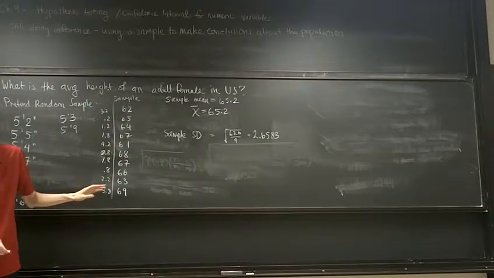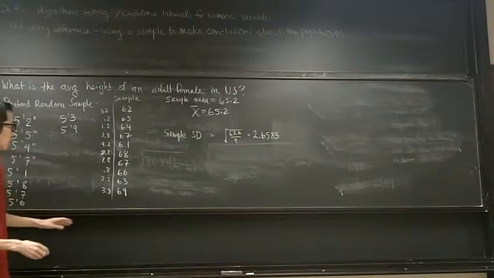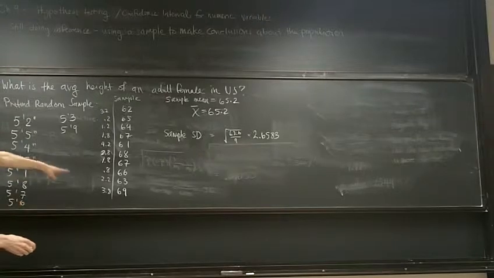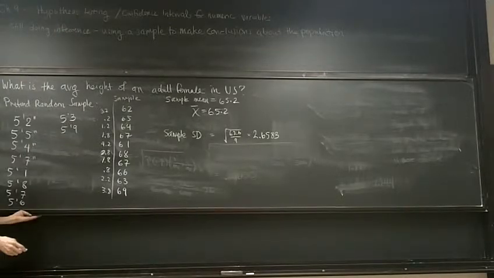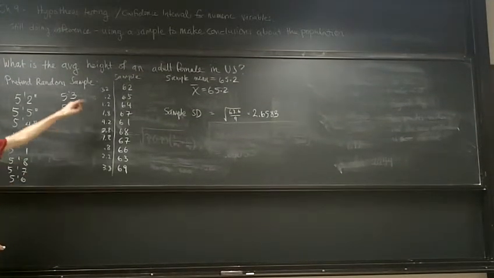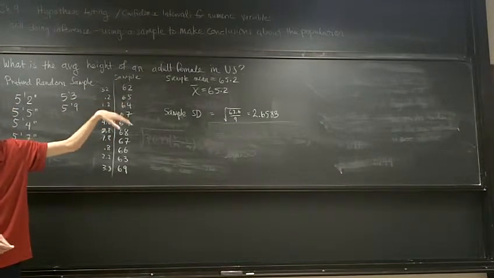You didn't count 5'3" and 5'9". I did, 63 and 69. These are my deviations, and then I squared the deviations, added them up and divided by n minus 1.